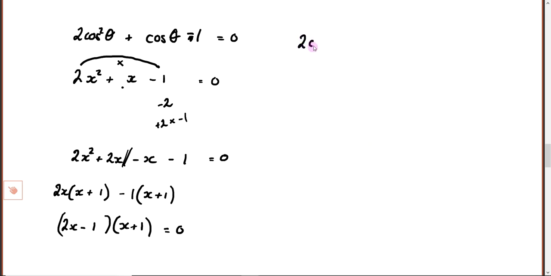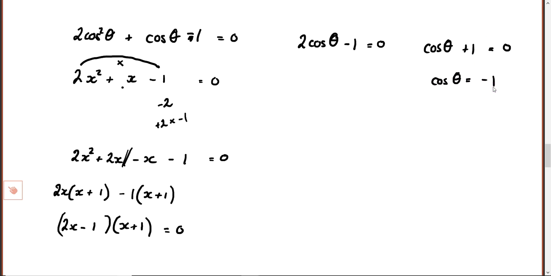That then becomes 2 cos theta minus 1 and cos theta plus 1. And the null factor law states that one of them has to equal 0. So start with this one. Cos theta is negative 1.